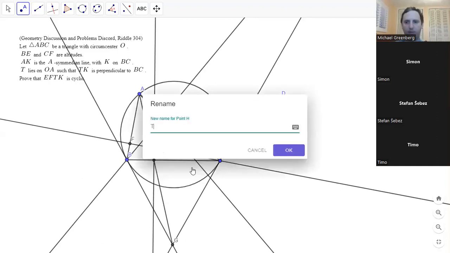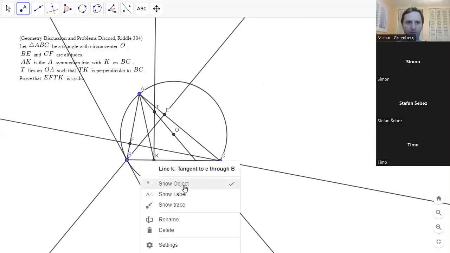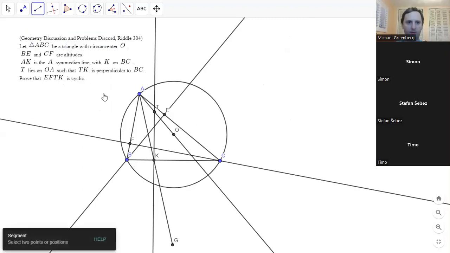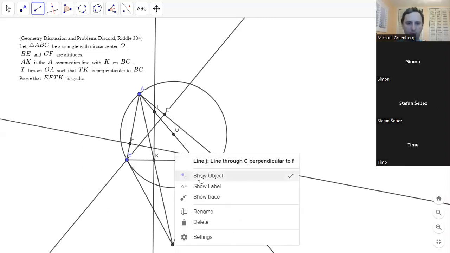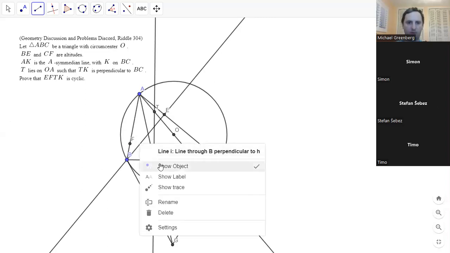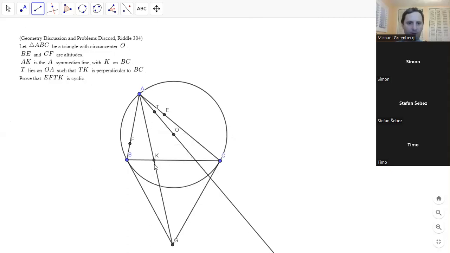All right, so now I'm going to make it look a little nicer. So yeah, this doesn't seem like it's probably one of the harder problems, but we will see. I'm going to draw TK, BE, and CF.